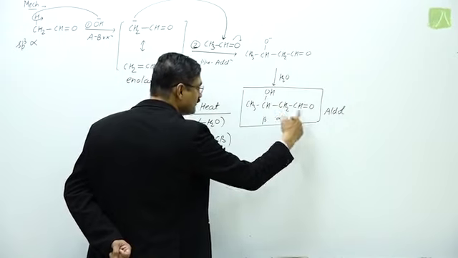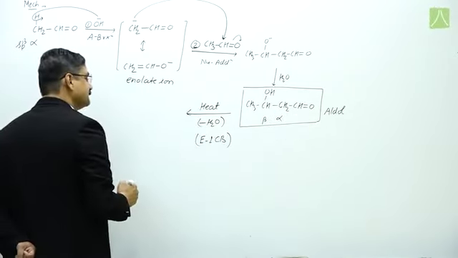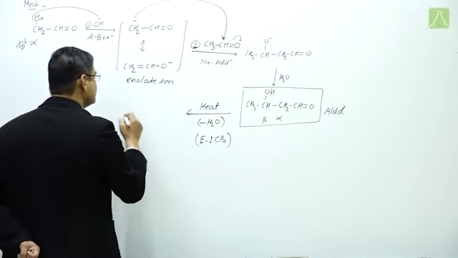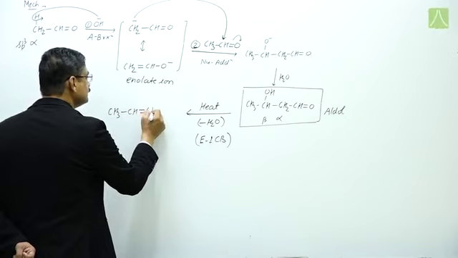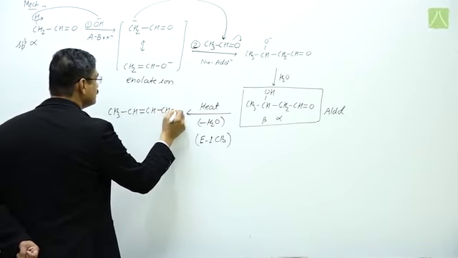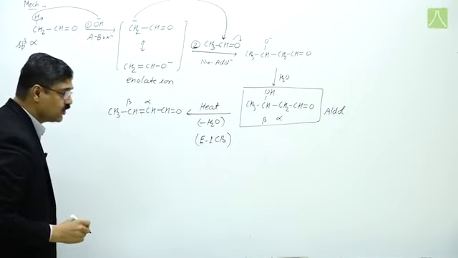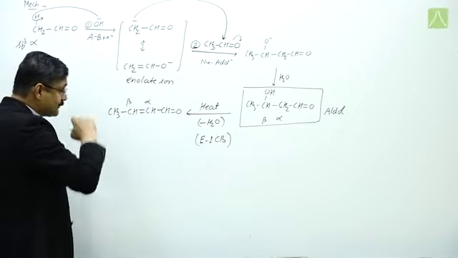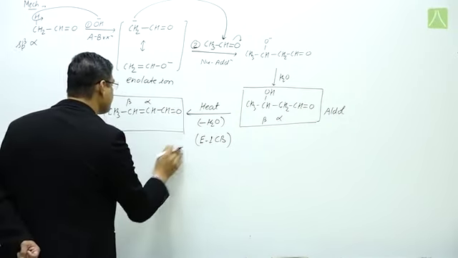So it is because of the minus I minus M group of ketone or aldehyde. So E1CB takes place and after dehydration, alpha beta unsaturated carbonyl compound is obtained. So this is the condensation product.